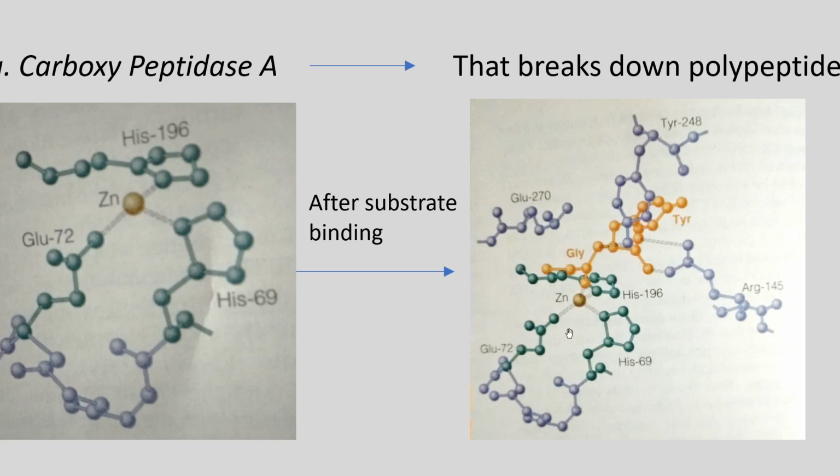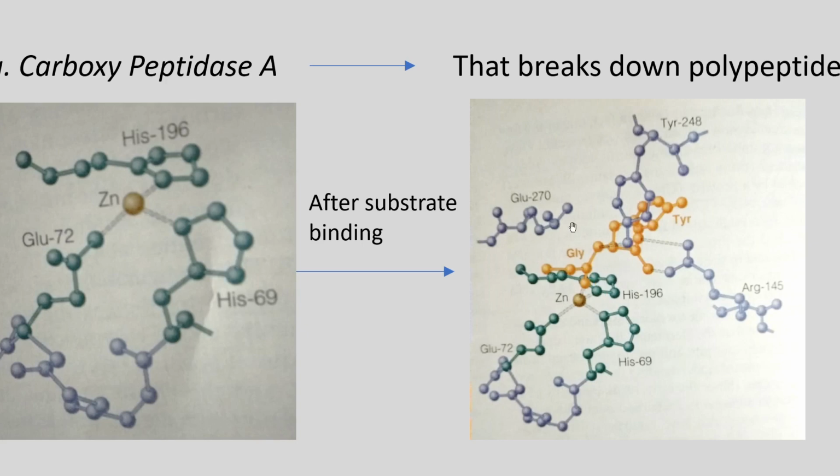As this substrate binds to the enzyme carboxypeptidase A, conformational changes take place in the enzyme, which bring the glutamate residue at position 270, the tyrosine residue at position 258, and the arginine residue at position 145. So three amino acid chains are brought near the active site where the substrate is bound, and this is a conformational change.